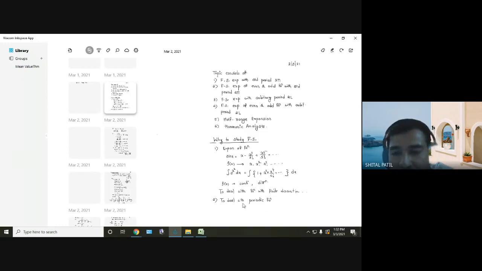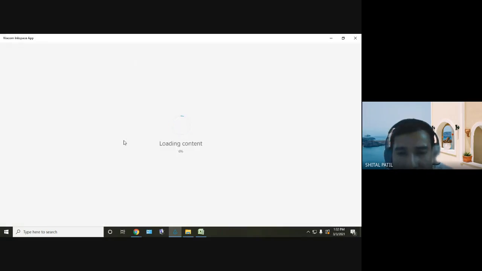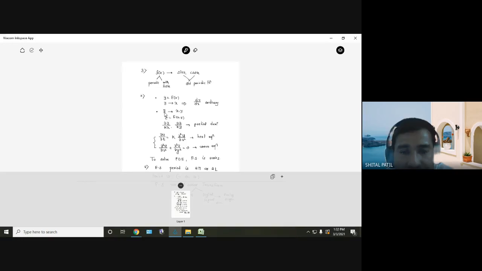Then we understood that many natural processes are periodic. For example, in mechanical engineering, the motion of a piston is periodic motion. So our aim is to deal with finite discontinuities and periodic functions. For that, Fourier series is required.